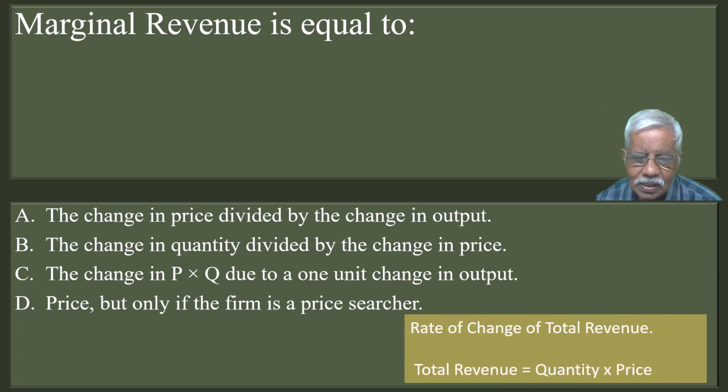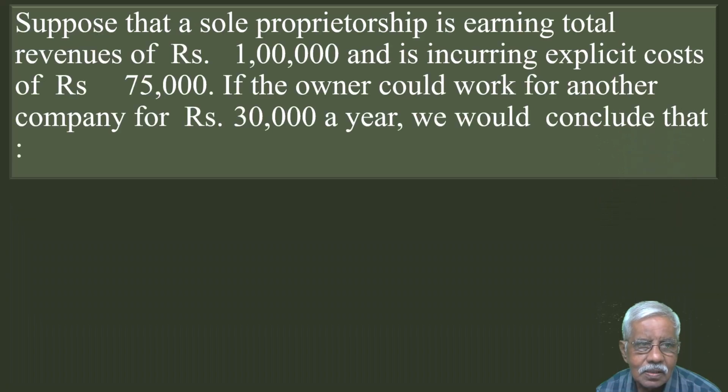Please remember the definition for marginal revenue. Rate of change of total revenue is marginal revenue. Then you need information about total revenue. It is given by P times Q. That stands for total revenue. The change in total revenue due to 1 unit change in output. Exactly. That is the correct option.